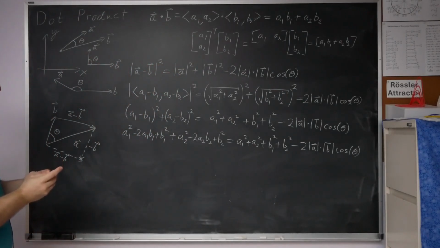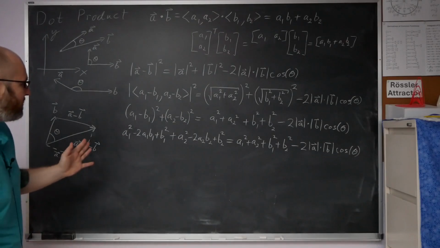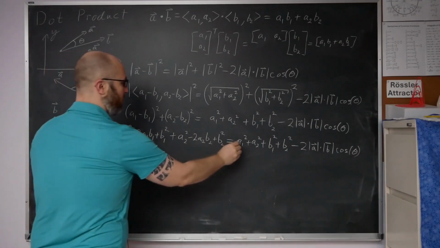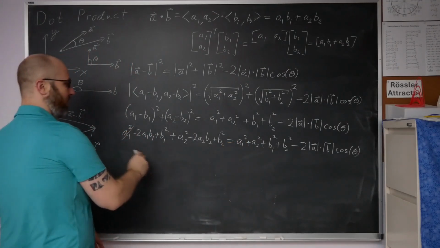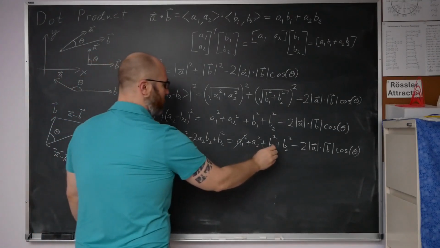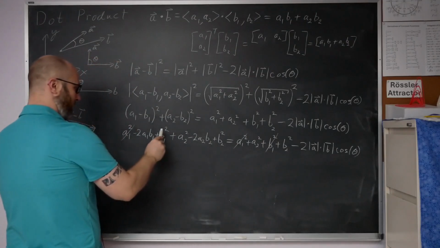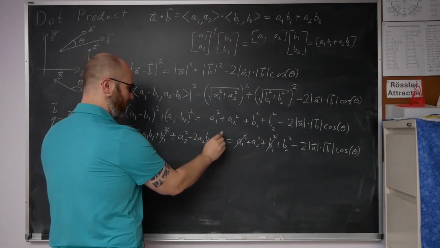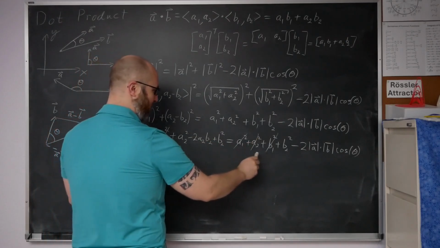Okay, now things are going to simplify just a tad. We actually have some common terms on both sides. Here we have an A1 squared, there's an A1 squared, so I'm going to subtract that from both sides. We have a B1 squared, we have a B1 squared, I can subtract that from both sides. We have an A2 squared and a B2 squared. Here's an A2 squared, here's a B2 squared.